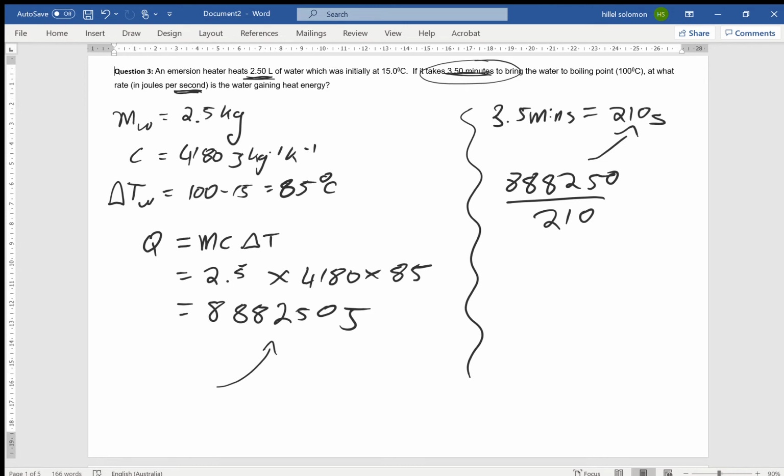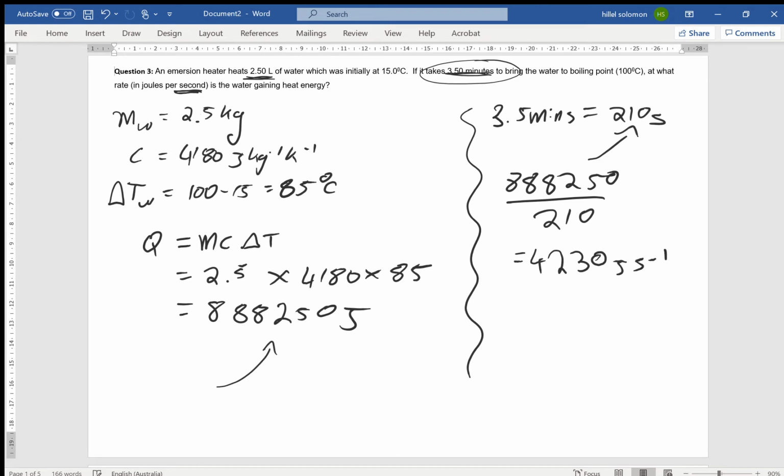So I put that into my calculator: 888,250 divided by 210, and I should get about 4,230.